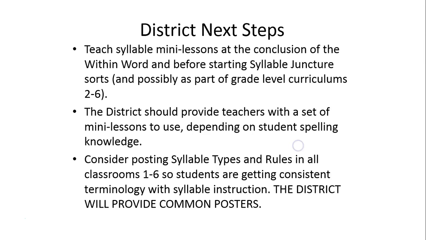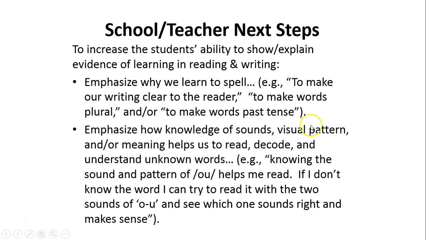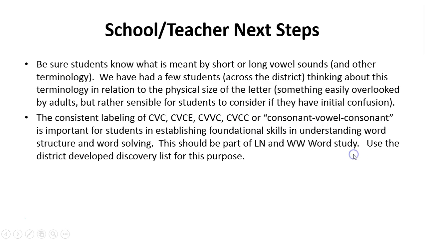And then the next step: what we should be doing moving forward to help strengthen that. We did some things around syllable types, teaching specific mini lessons around syllables. There were some other logistical things that the schools or the teachers were doing, but you get the idea.